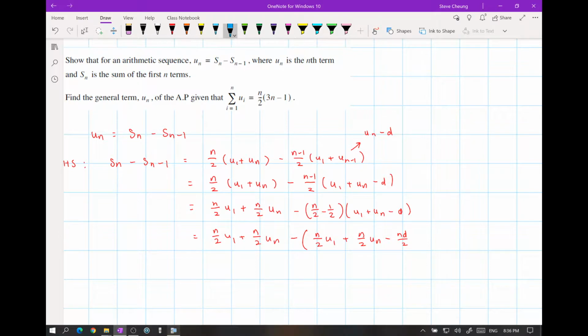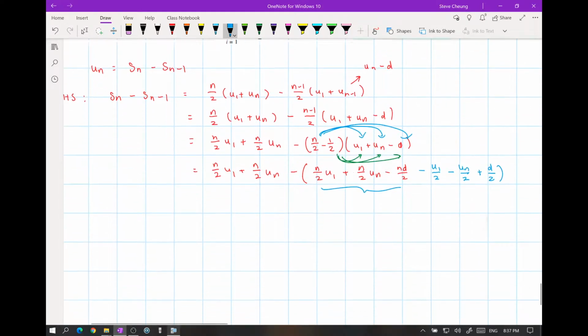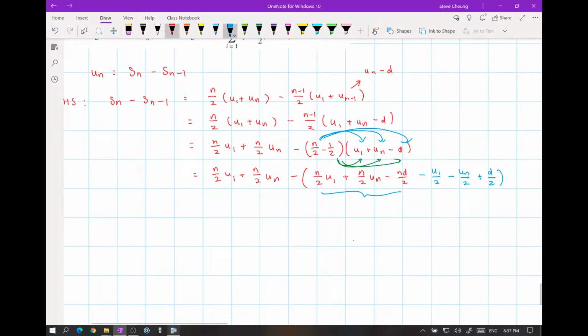Now what I'm doing is this, this, and that. And with this, I have a negative for each term, so it will be a minus first of all, and minus for the second one, and a plus for the last one. So let's distribute out the negatives in between the two parts.